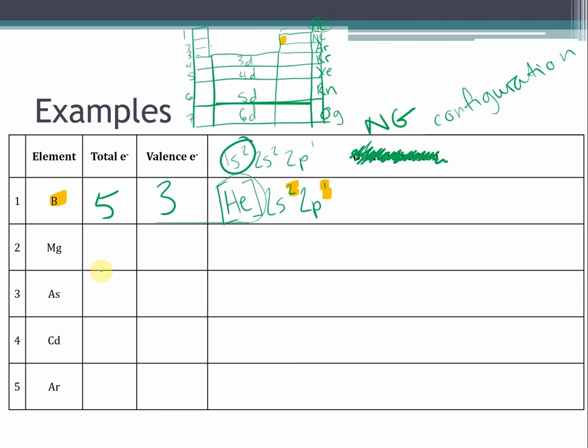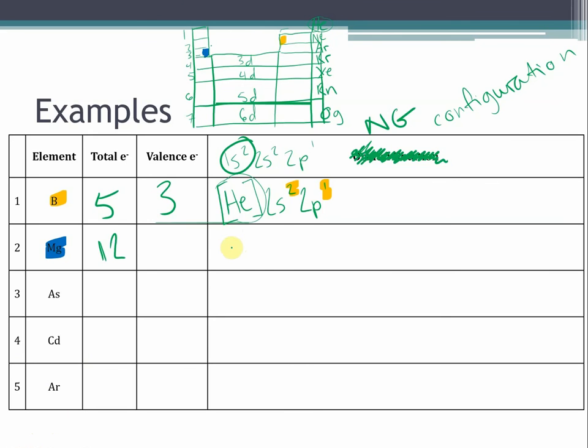All right, let's look at magnesium. Magnesium is number 12 on your periodic table. Magnesium is right here. To find the noble gas we need to use, we will go up 1 row to the 2nd row and find the noble gas there. That is neon.